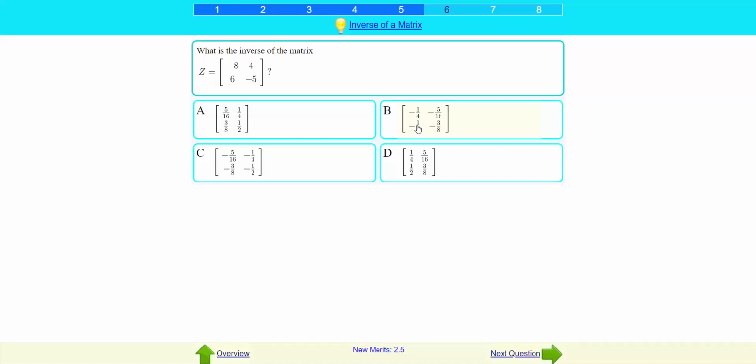Or what is the inverse of the matrix? So the determinant would be minus 8, that's minus 40 plus 40.